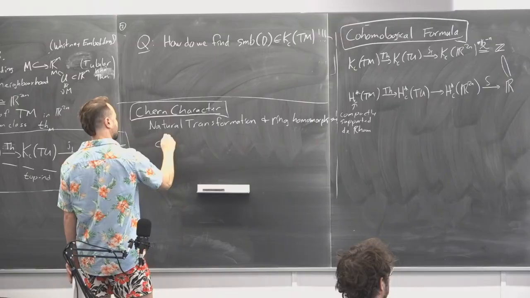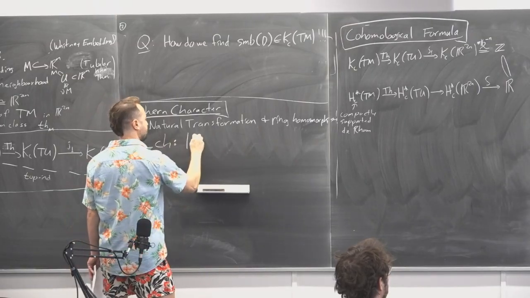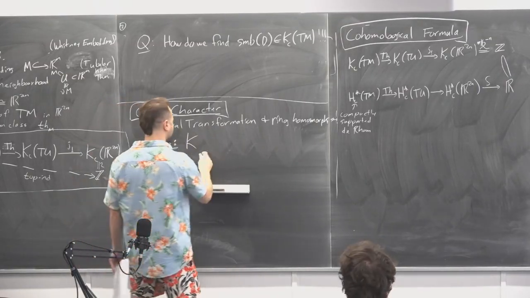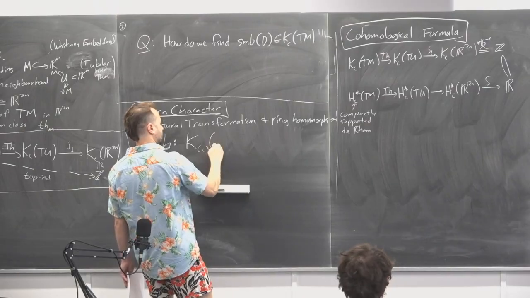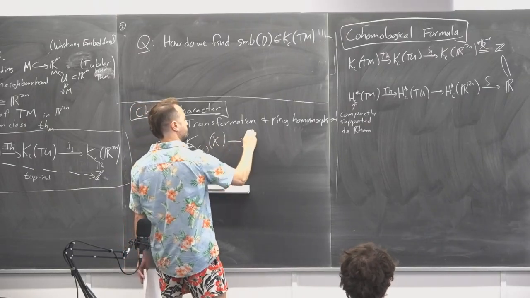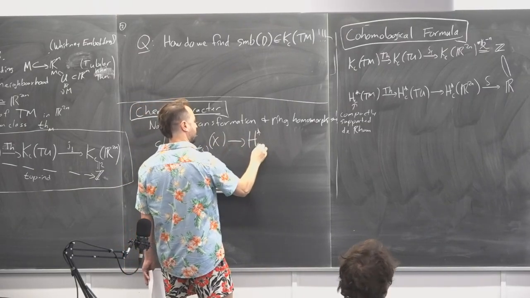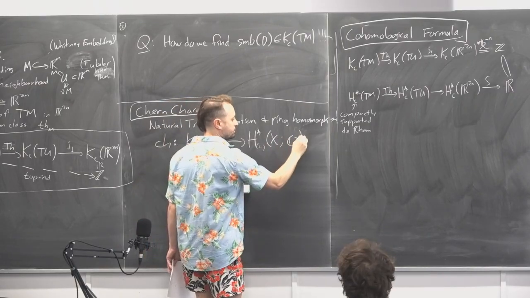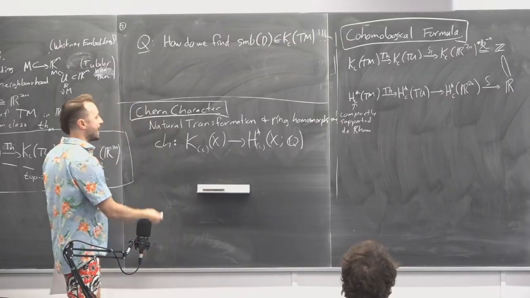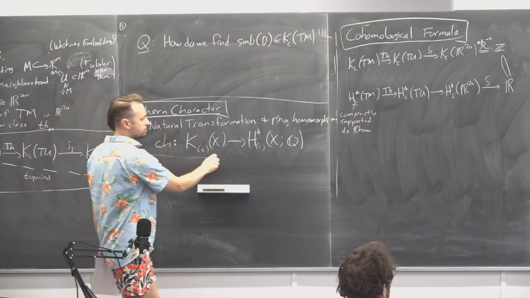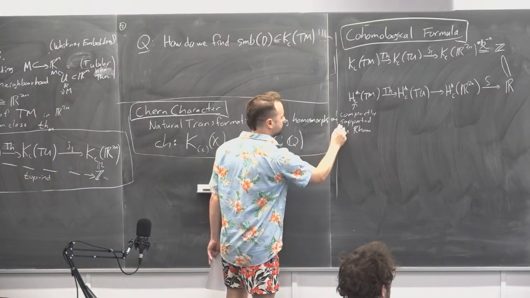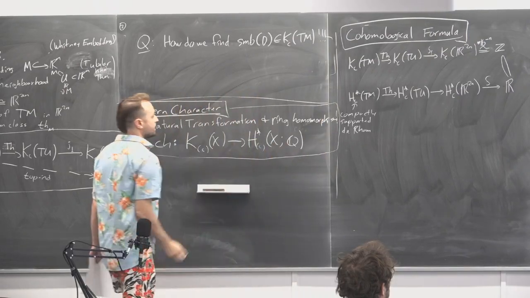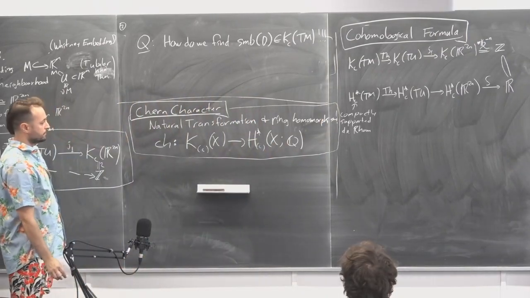It goes from K-theory, or even compactly supported K-theory, of X to cohomology, possibly compactly supported, of X with rational coefficients. The Chern classes naturally have integer coefficients, but they have the wrong property: they take a sum of bundles to a product of classes.